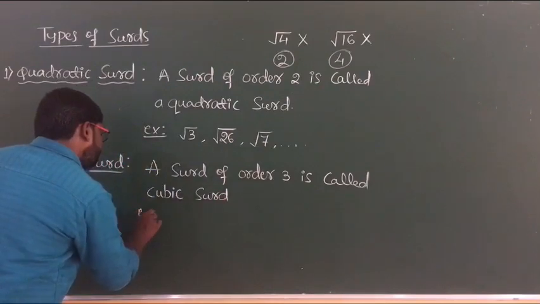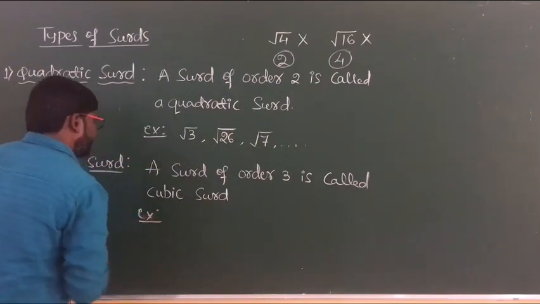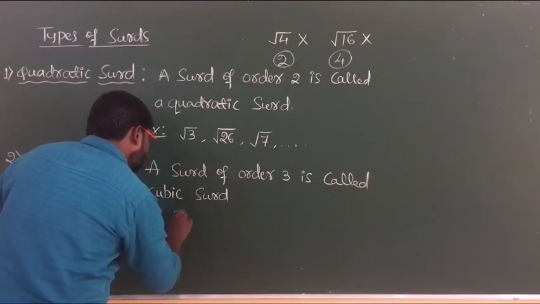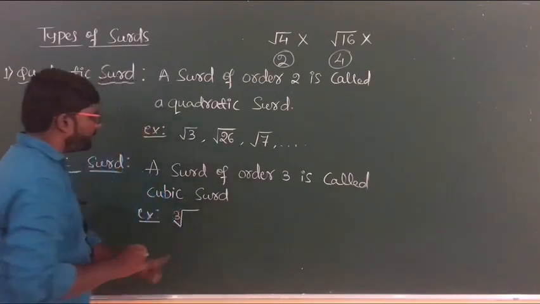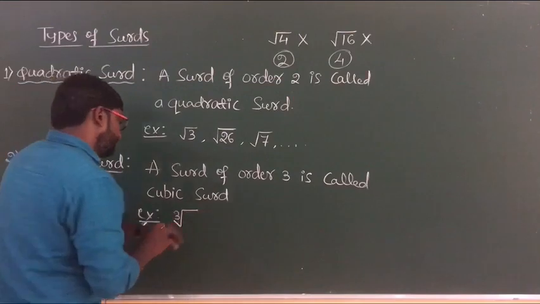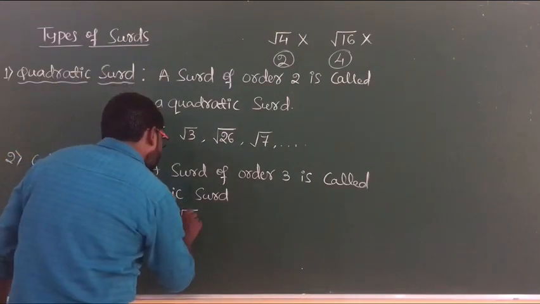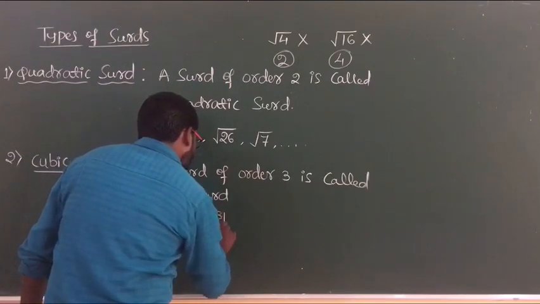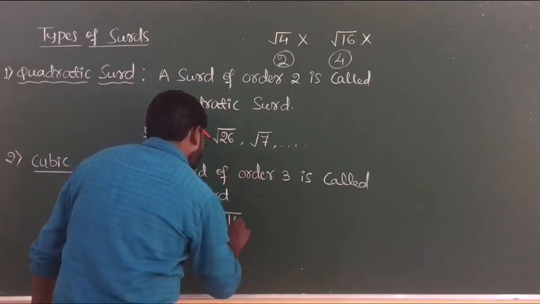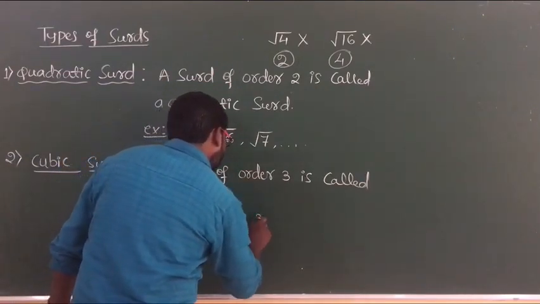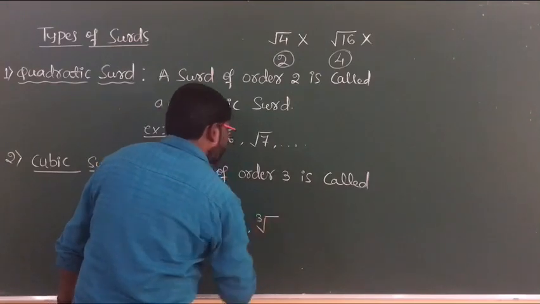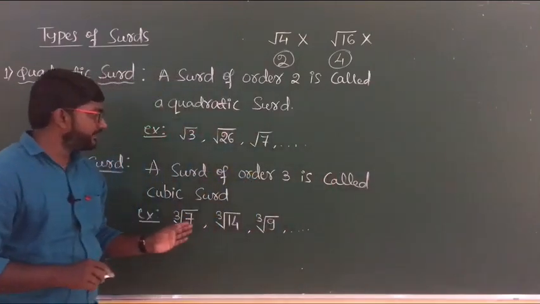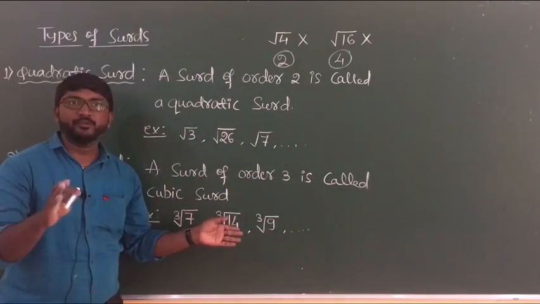The examples are cube root of 7, and then cube root of 14, and then cube root of 9, and so on. All these are the examples for cubic surd.